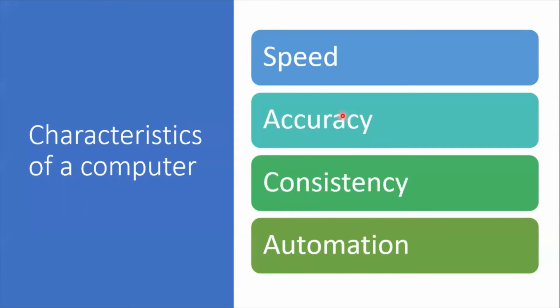And consistency. The meaning of consistency is that it provides data or information for a long time without any modifications, differences or changes. If you give some information to a person, that person can memorize it for some time.